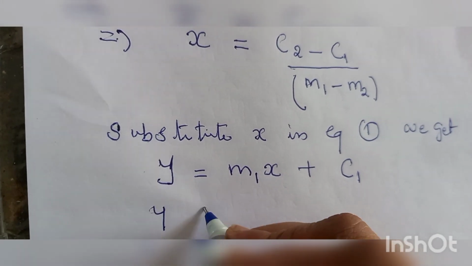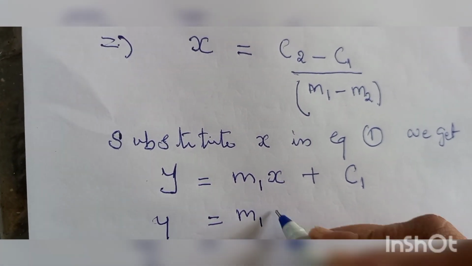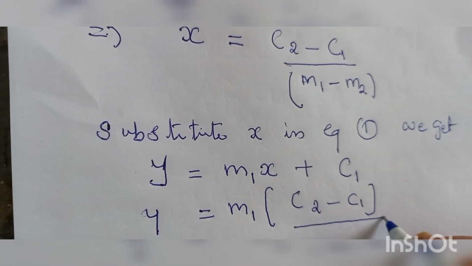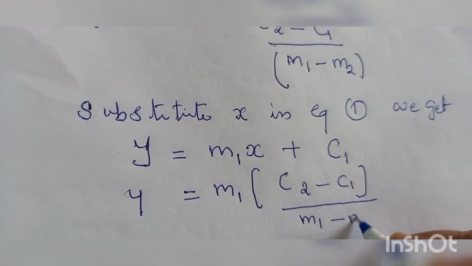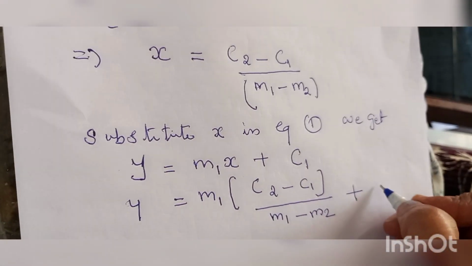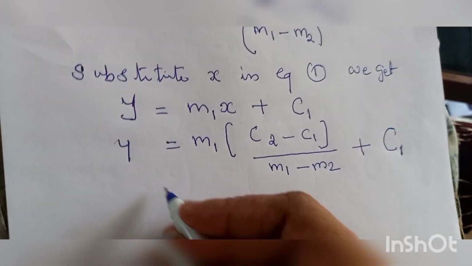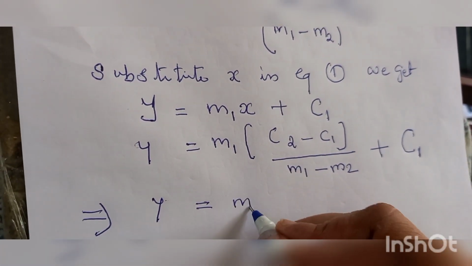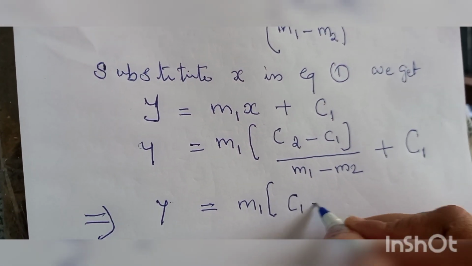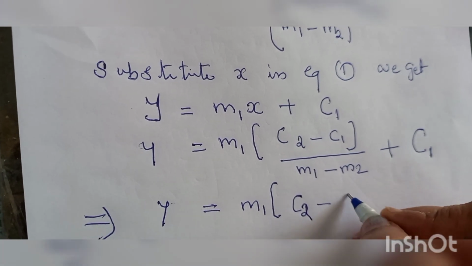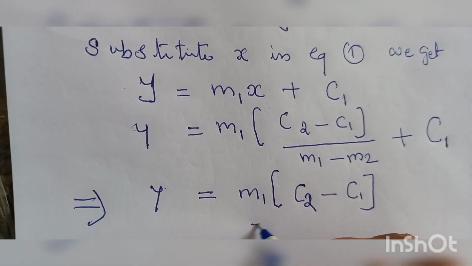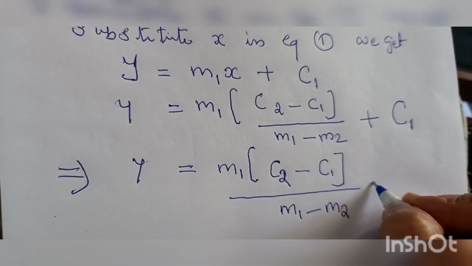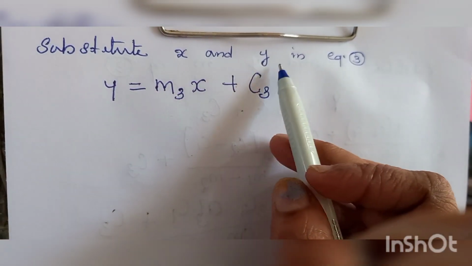So y is equal to, what is x here? (c2 minus c1) whole divided by (m1 minus m2), plus c1, which implies y equals m1 into (c2 minus c1) whole divided by (m1 minus m2) plus c1. Substitute x and y in equation 3.